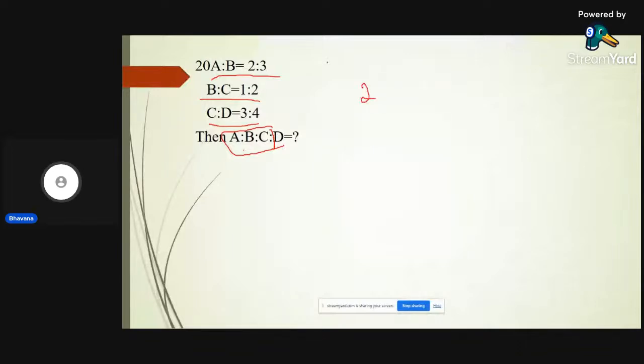So just write A and B and C and D. A is 2 and B is 3, and BC is 1 and 2. Next CD is 3 and 4. So here what do we have to do?